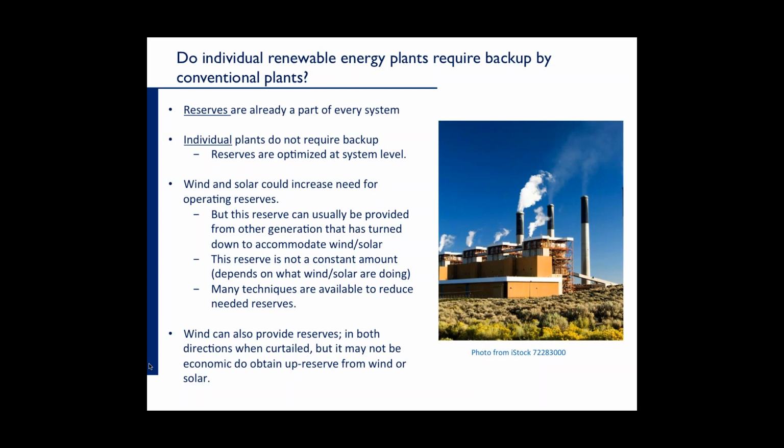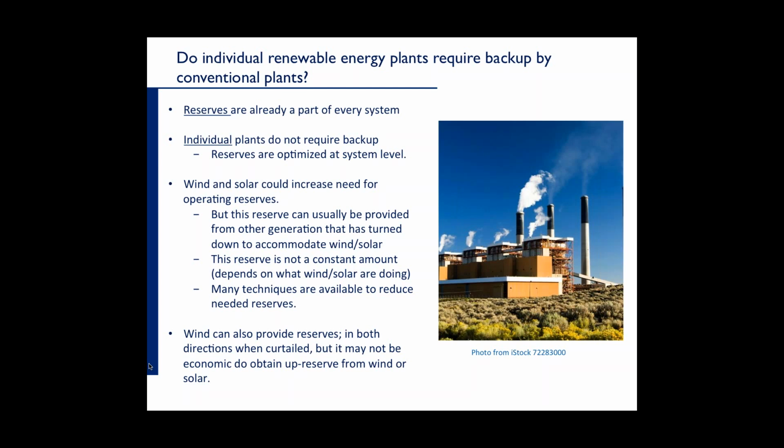And the other thing to note is, let's take two extreme examples. I have a wind plant, and it's generating 0 right now because there's no wind. Well, I don't need any reserve to guard against wind dropping off because it's already 0. It can't go below 0. And at the other extreme, suppose that my wind is generating at 100%.